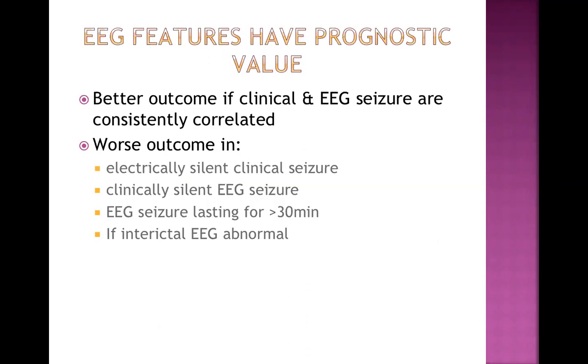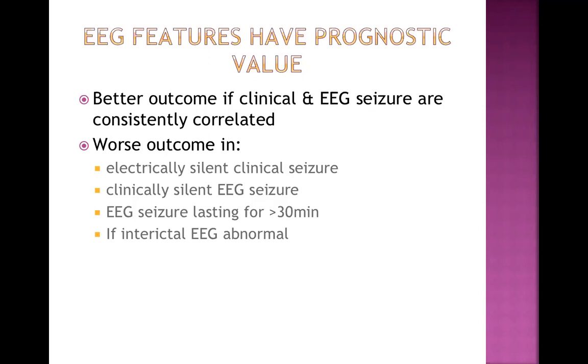But there is a worse outcome if the seizure is electrically silent. What does that mean? The clinical seizure is occurring, but EEG is not recording any activity. This is called electrically silent clinical seizure. Another important point is clinically silent EEG seizure. Now, EEG is showing abnormal activity, but clinically there is no visible seizure. Both of these conditions show poor outcome.